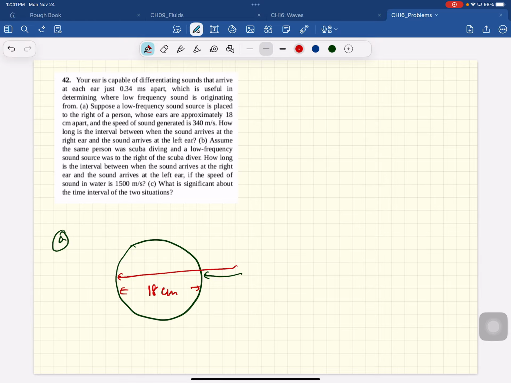So the time to traverse that distance is that distance divided by the speed: 0.18 meters divided by 340 meters per second.